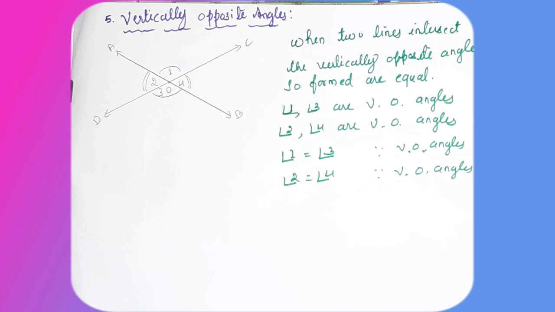There are 5 kinds of angles: complementary angles, supplementary angles, adjacent angles, linear pair and vertically opposite angles. On this basis, we have exercise 5.1, so we'll solve that exercise in the next class. I hope you understood.